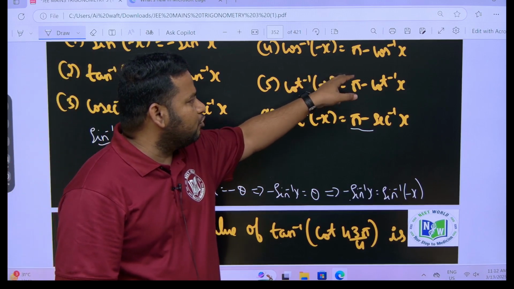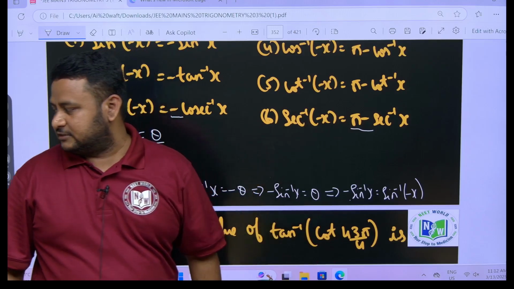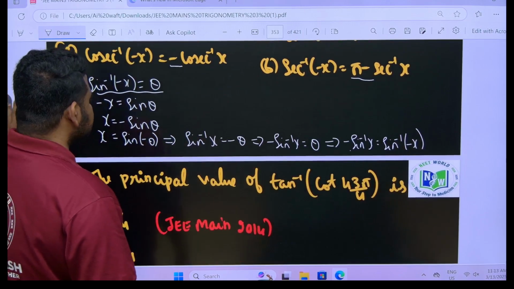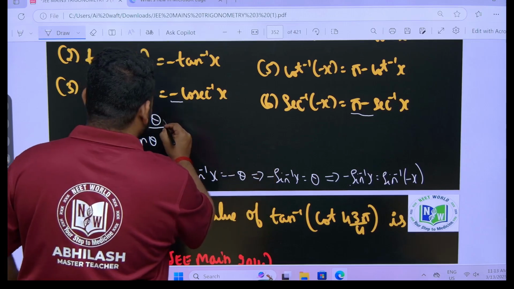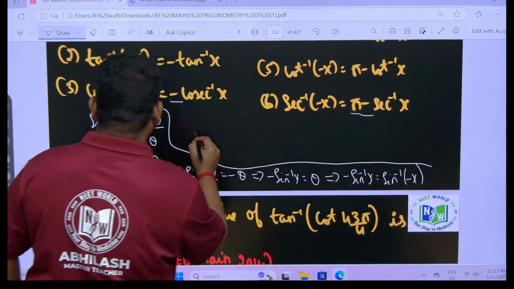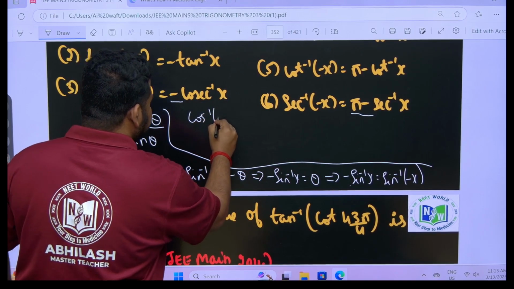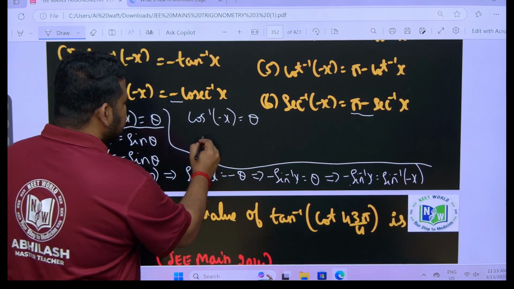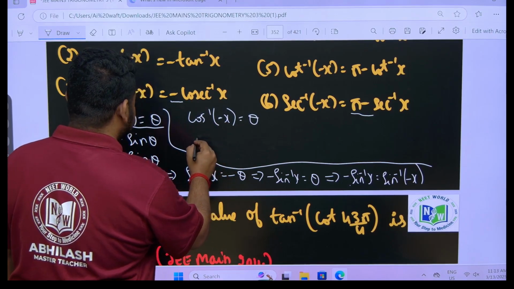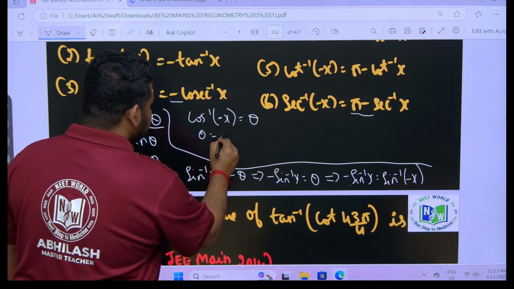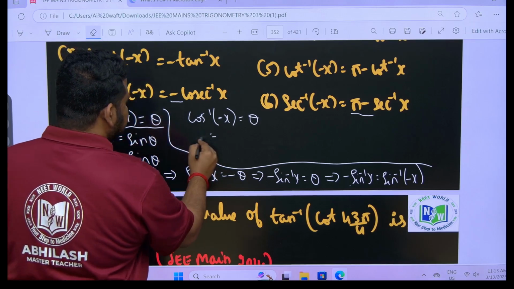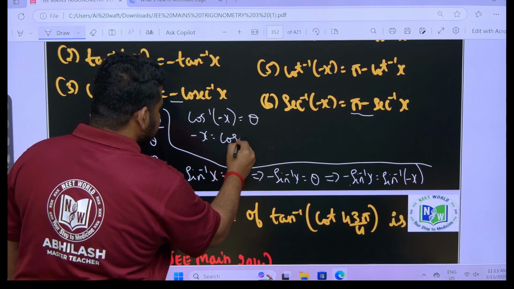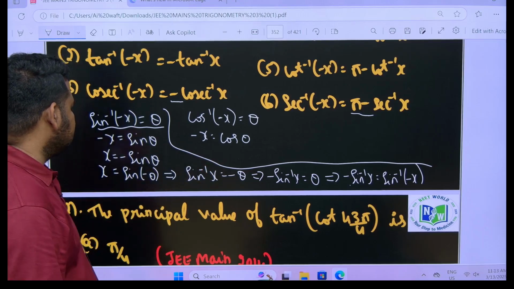Now let us understand how pi minus is coming outside. This is with respect to sin inverse. Let me write cos inverse of minus x is equal to theta. So I can write minus x is equal to cos theta.